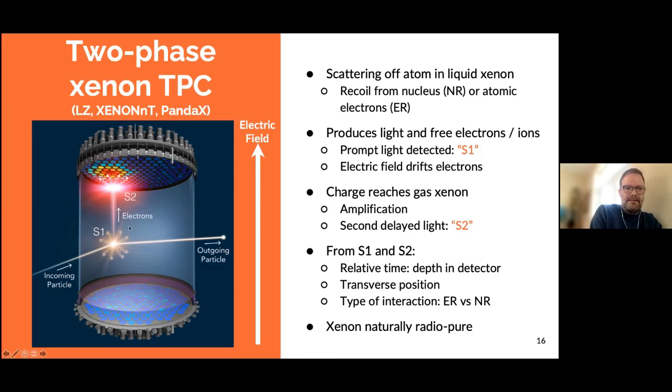They normally can't penetrate very deep into the xenon. And so this position reconstruction again is an indicator: if you have a signal that comes from the center of your detector, this has a much higher probability to be a dark matter signal than to be a background event.